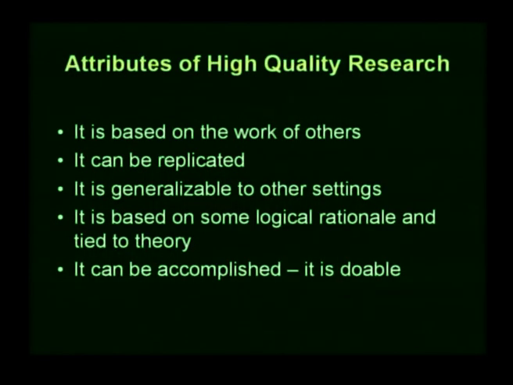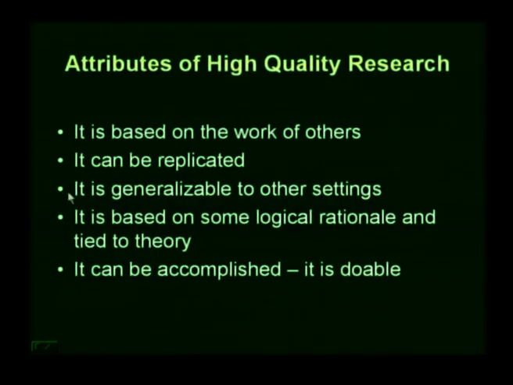So the second important attribute, it is replicable. If someone else wants to do this research, they can replicate the research study. Another important attribute, it is generalizable to other settings. We will see this concept of generalizability in a moment, but this is an important attribute of high quality research.